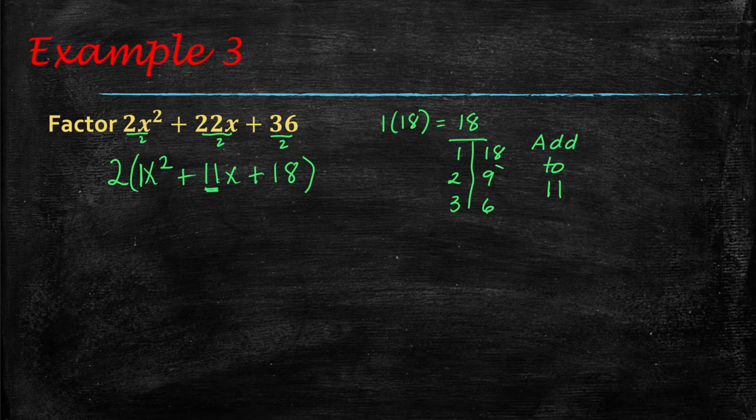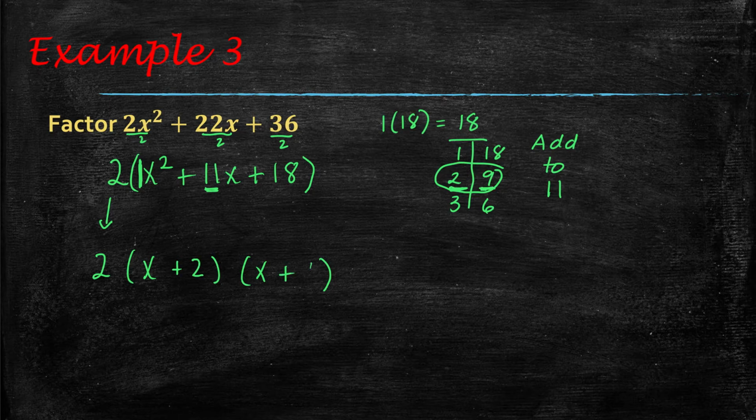And the ones that add up to 11 are right here. Now, notice that we do have an a value of 1. So these numbers right here are going to be our factors. So we can take that shortcut and go ahead and write down your GCF, but make 2 sets of parentheses, and your variable goes in the first position, and then these numbers right here are going to go in that second position.